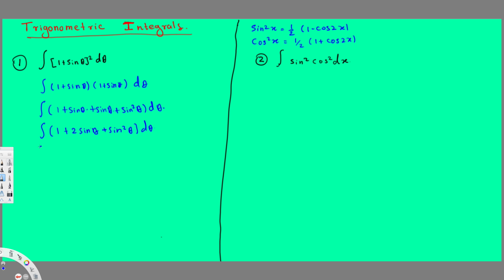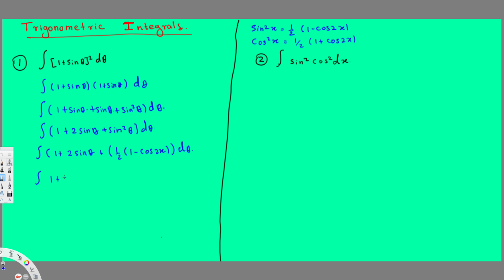If I apply that, this is going to give me 1 plus 2 sine theta, and instead of sine square theta I plug in the value, that is half times 1 minus cos 2 theta, d theta, right? Now we have everything. Now let's simplify this further.